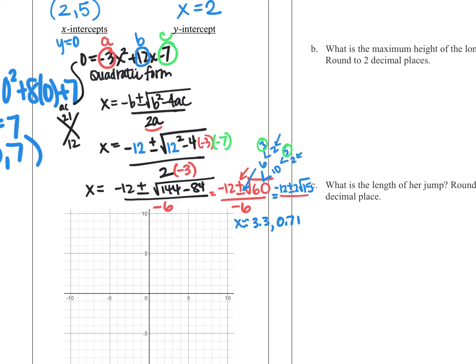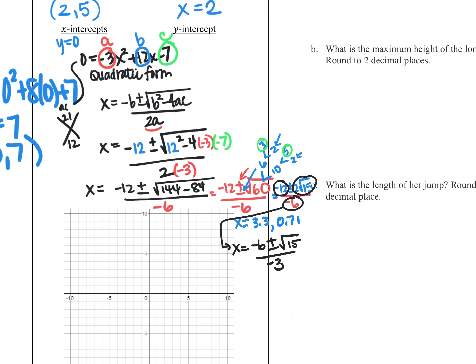And this is all over -6. Then we can simplify by dividing all three of these by 2. Sometimes called a Mickey Mouse. So that will be x equals -6 plus or minus the square root of 15 over -3.